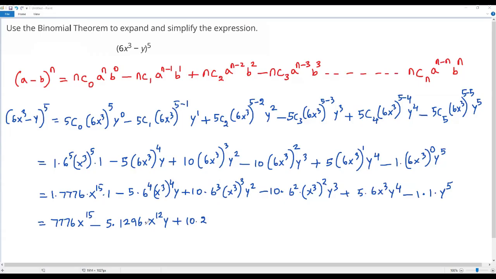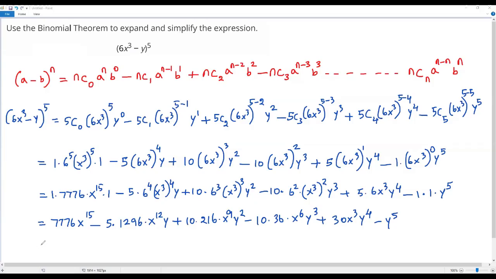Its value is 216 times x to the power of 3 times 3 is 9, y square negative 10 times the value of 6 square is 36 times x to the power of 3 times 2 is 6, then y cube positive 5 times 6 is 30, x to the third power, y to the fourth power, negative 1 times 1 is 1, 1 times y to the fifth power is just y to the fifth power.